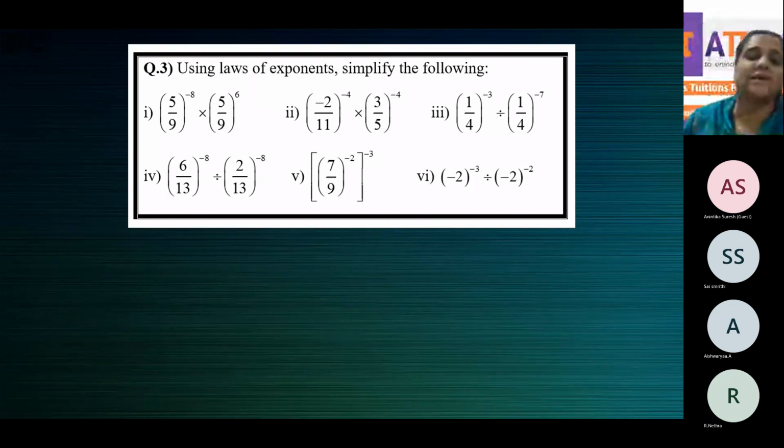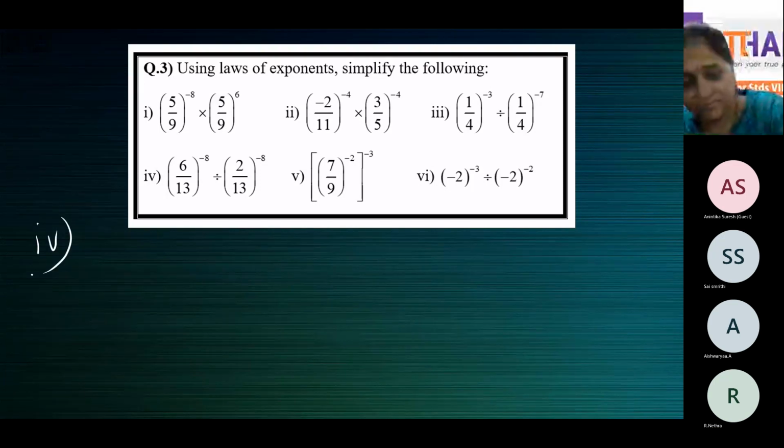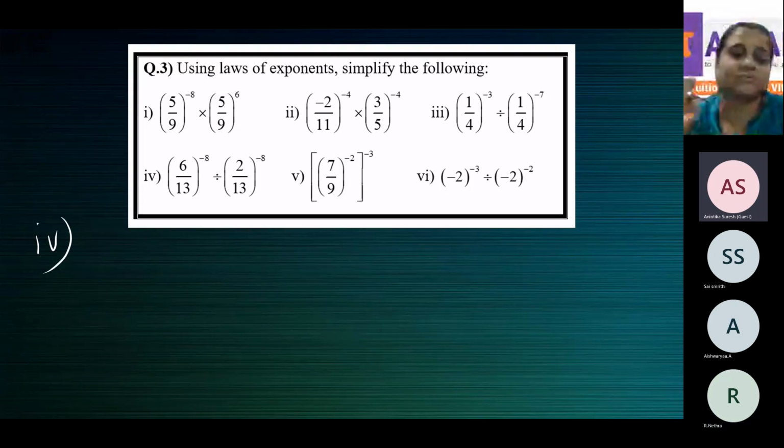Who can tell me the rule we're using in the fourth one? The rule used here is that the bases are different but the powers are the same.